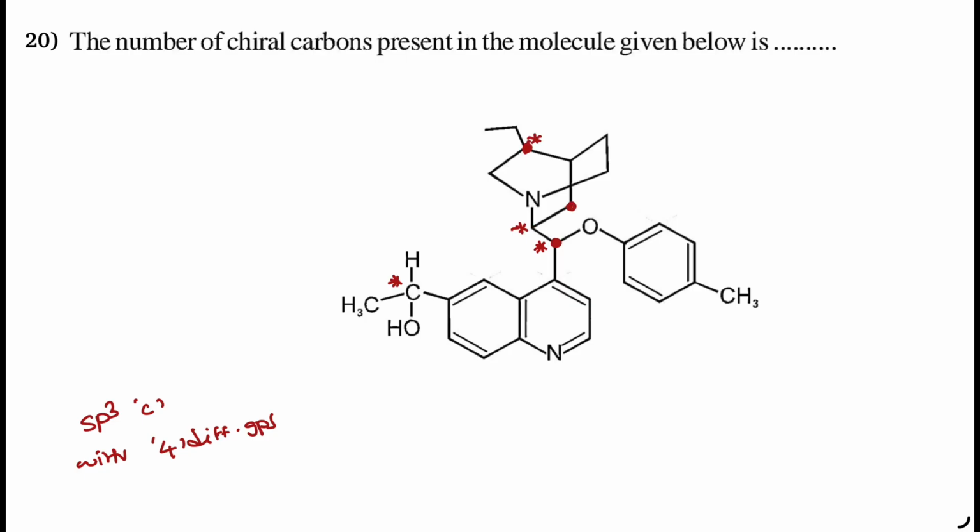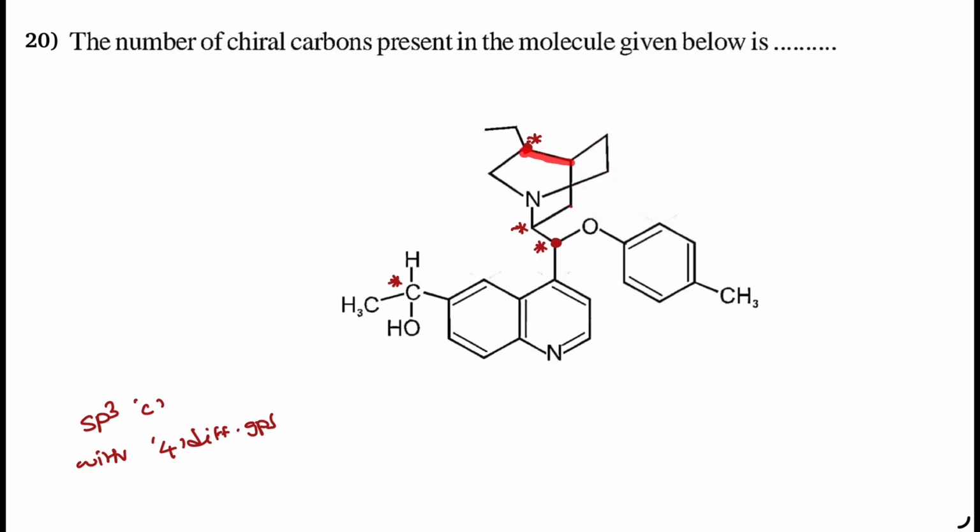This is not a chiral center, that is CH2. Now this carbon if you take, I am not taking this one because it is CH2, CH2, CH2. This is also CH2, but this one if you see, this is a chiral center. If you have any confusion, you can see this is CH2, CH2, nitrogen.